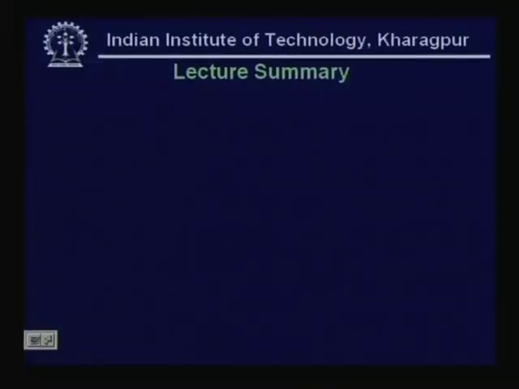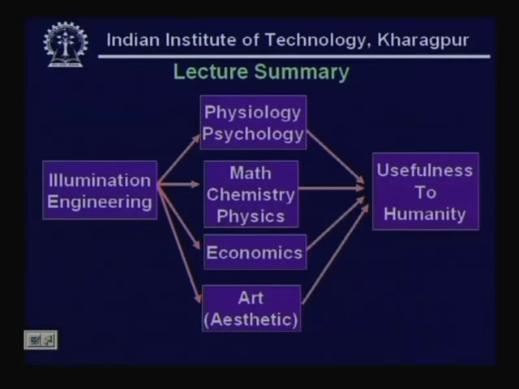Now, to summarize the lecture, we see that the illumination engineering profession is distinctly different from other professions in the sense that it needs inputs from physiology, psychology and the exact sciences of mathematics, chemistry, physics, keeping in mind the economics aspects, because optimal utilization of resources and the aesthetic sense of an architect is necessary to achieve the end goal of making a good illuminating system, which is a must for acquiring information.